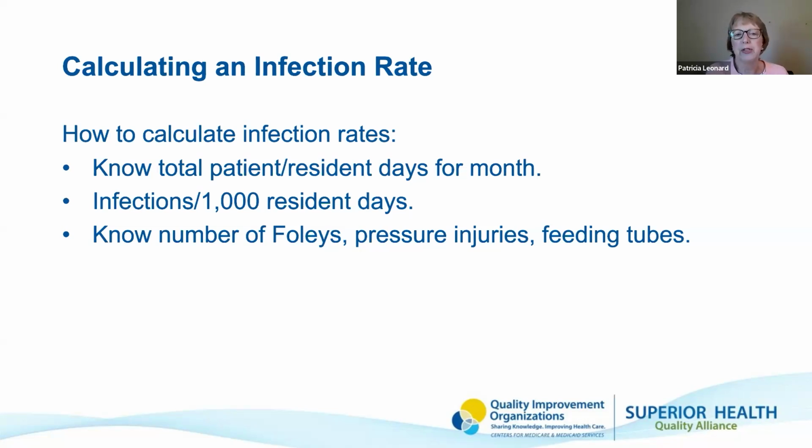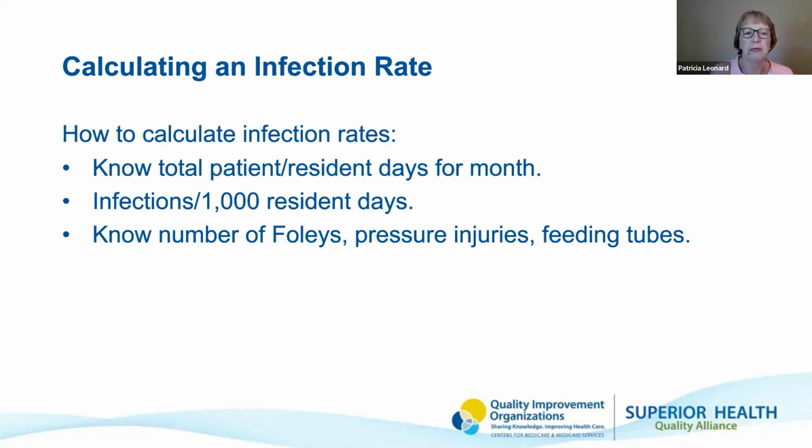But in order to calculate your rates, you need to know your resident days each month. So that's the number of residents that are in a bed at midnight, and you do it for a month. So if you are a 100-bed facility, there's 30 days in a month. That will give you 3,000 resident days for the month.